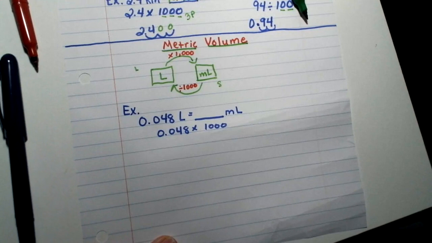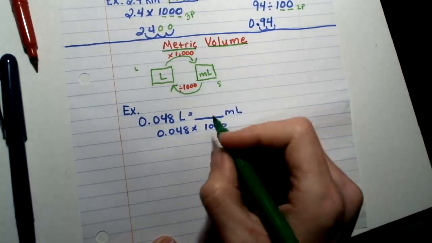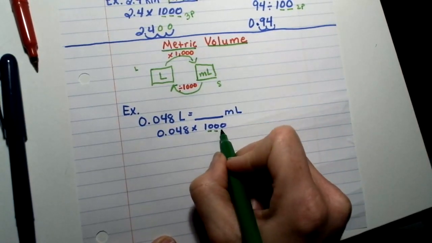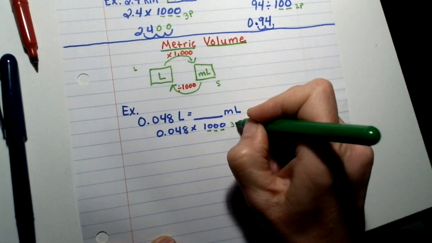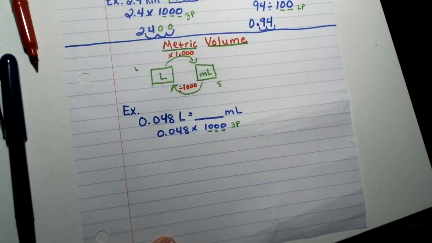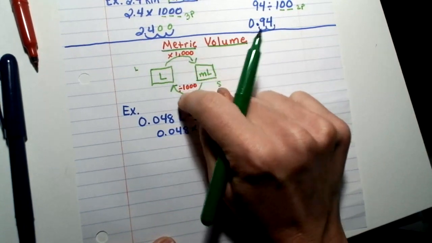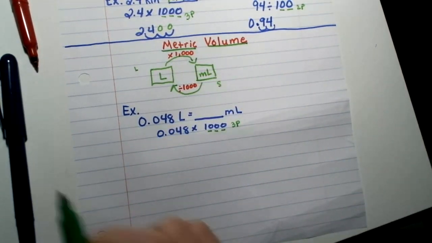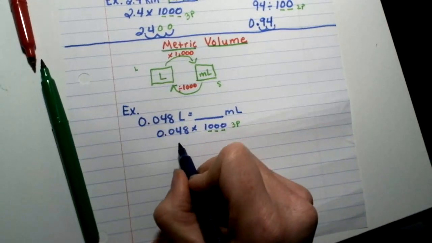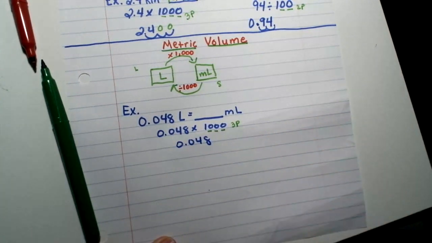And we are going to go through our process that we learned earlier in the week. We're going to look at our multiple of 10, 100, or 1,000, and we're going to count those zeros. And that represents 3 place values of movement. And today, when you practice your metric volume, it's going to be 3 movements every single time because you only have between the thousands. Okay? So I'm going to go ahead and write that number down so I can move that decimal to the right.